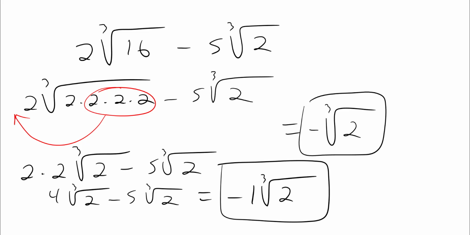Okay? The only last thing I need to show you guys is when you have a variable. And again, that's not really a big deal. So if I have, let's say, 7 square root of x minus 5 square root of x.